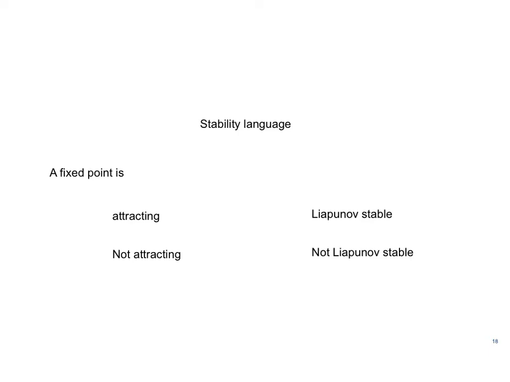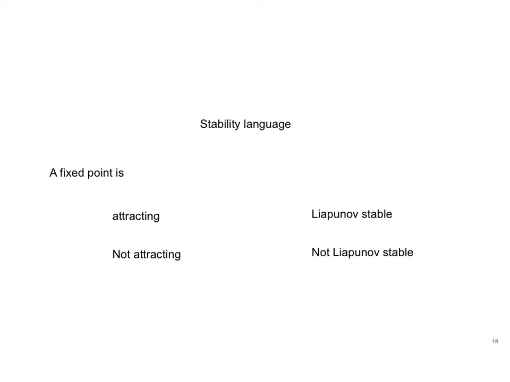So we can actually have this concept of stability to be able to refer to those cases. And we have somehow 2 groups. We can say that a given fixed point is attracting or not attracting. And in another way of looking at things, we can say that this is Lyapunov stable or not Lyapunov stable.